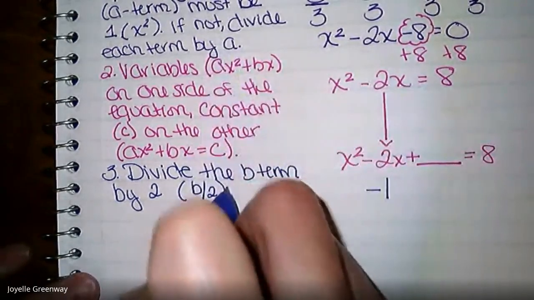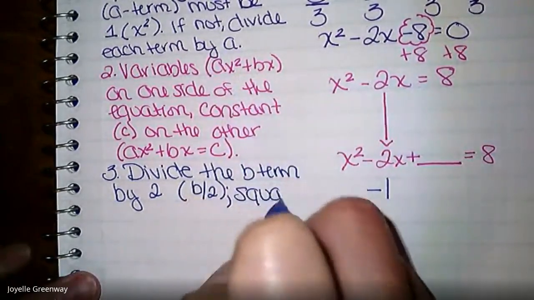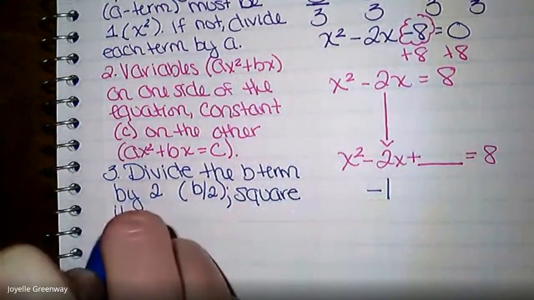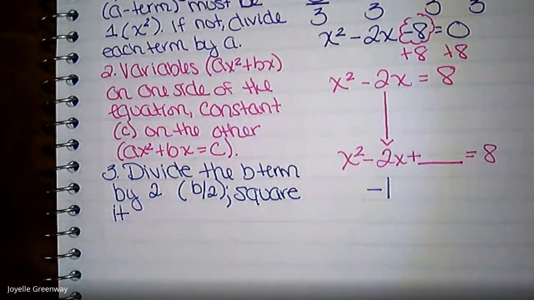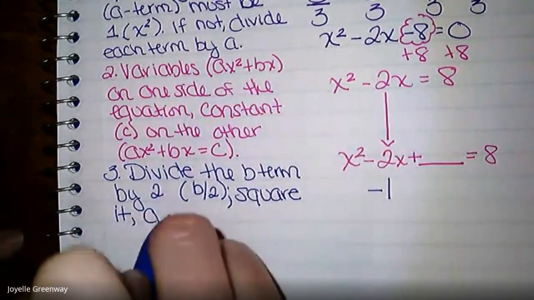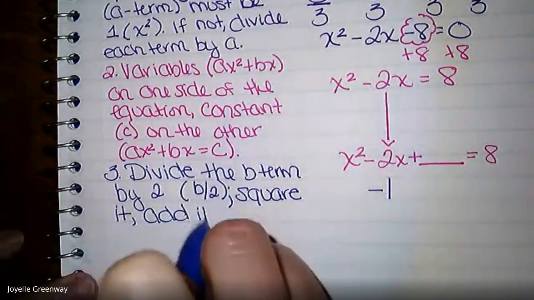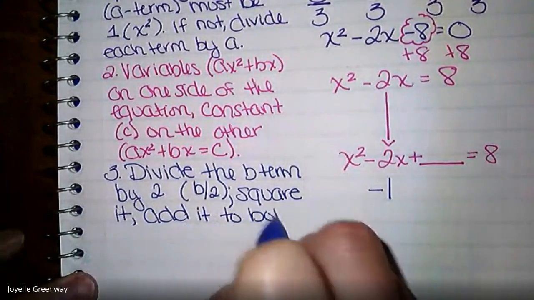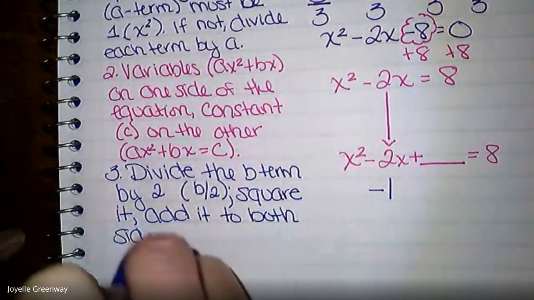After you do that, you need to square it. So -1 squared is 2. No, Greenway, it's not 2. -1 squared is 1. So we're going to square it and add it to both sides.